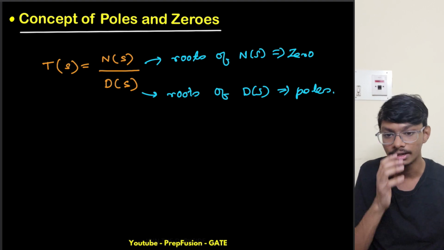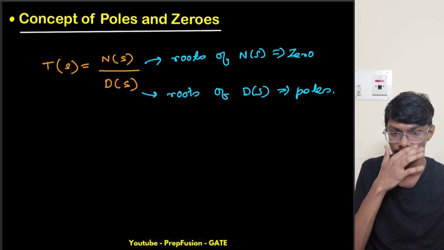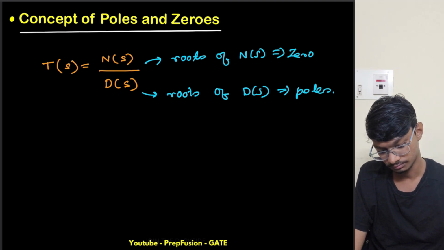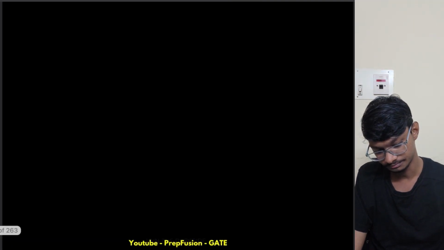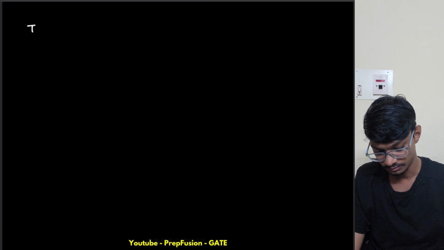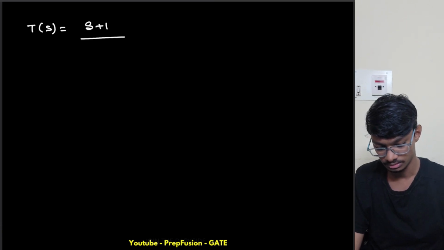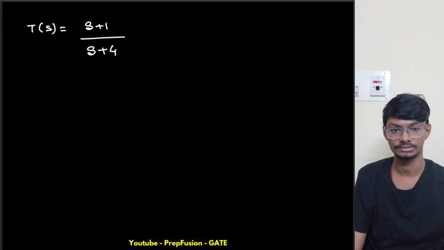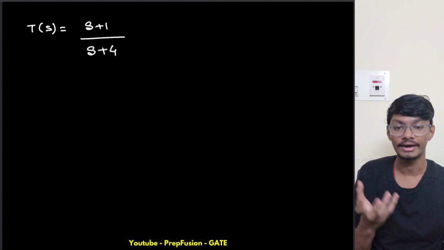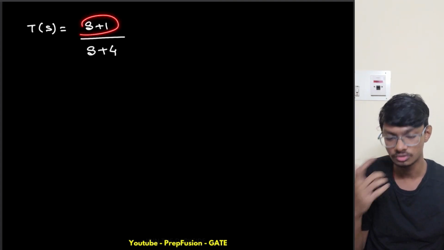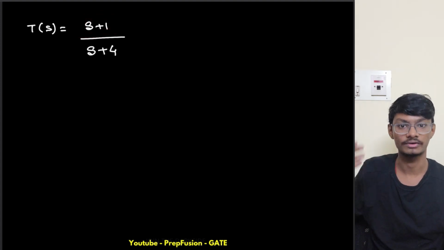So let me do one example. Let's say we have one transfer function T of s equals s plus 1 divided by s plus 4. So we have to find the value of s for which the transfer function goes to 0, that is, find the root of the numerator to find the zeros, right?